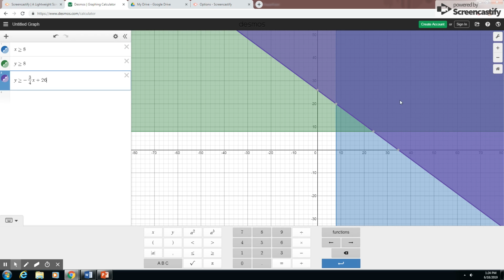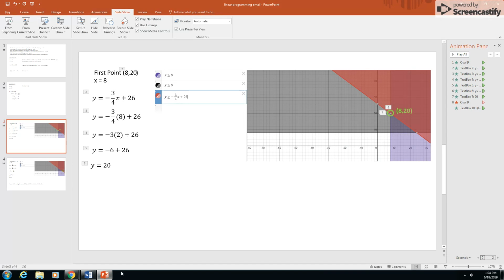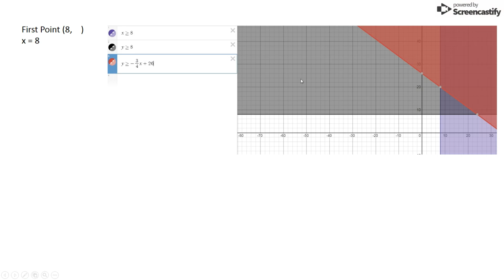But if you're doing this by hand, it doesn't turn out to be that easy, so we have to figure out what those are. So let's go back to here. Our first point's going to be right there, because that's the dark region where everything overlaps, and we want those boundary points.